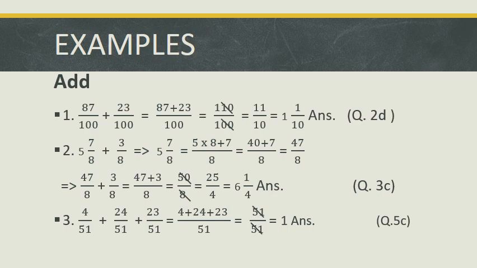And what is the common denominator? 51. When we add the numerators, it comes to 51. And the common denominator is 51. So, 51 by 51. When we divide this by 51, we get 1 as the answer. I hope this is clear to all of you. And this question is question number 5C of exercise 7C.